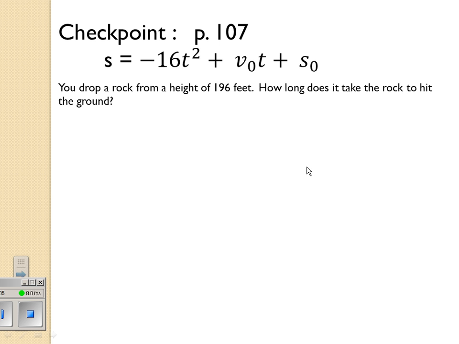It's the second little paragraph from the top of page 107. So in there, it tells us that S is the height of your object. It says that S sub 0 stands for initial height.